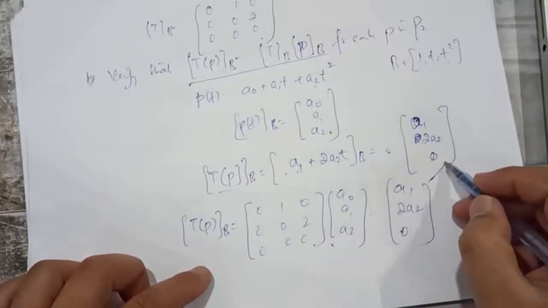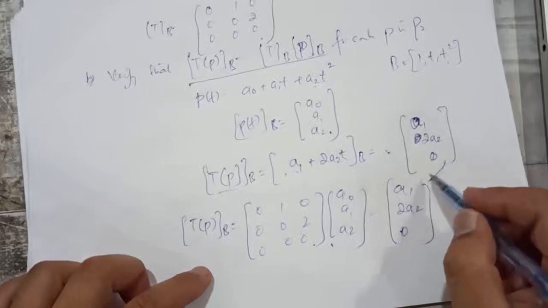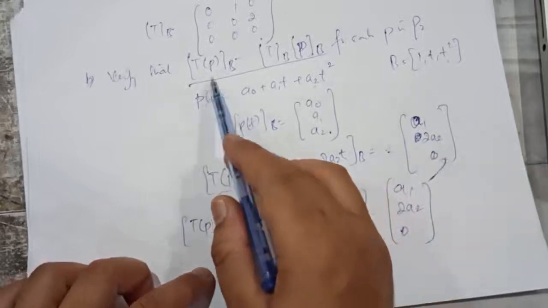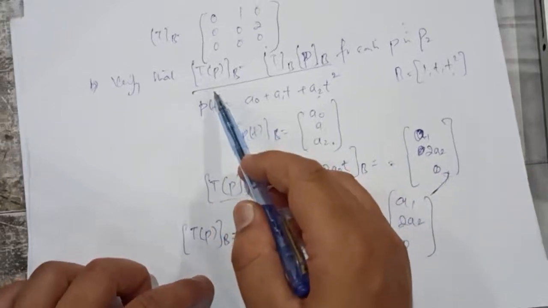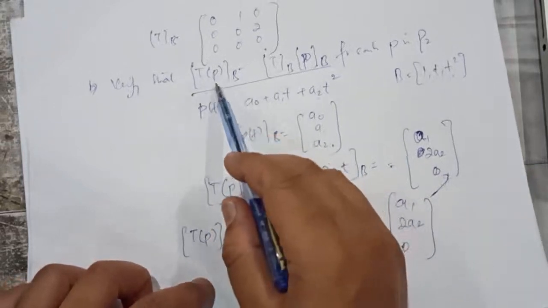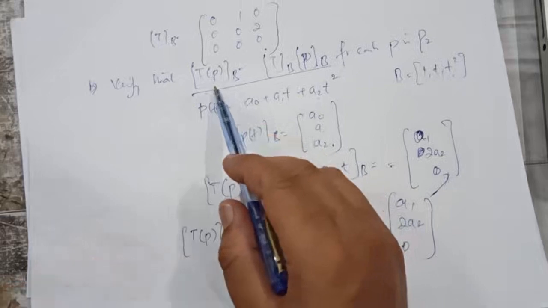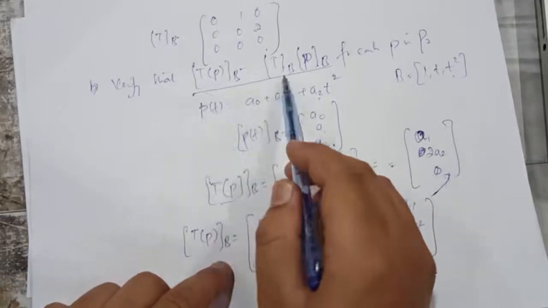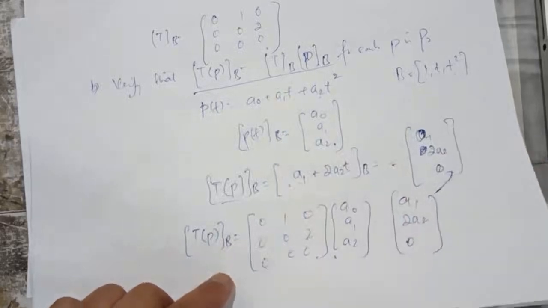So this is equal to that thing here. It means we have just proved that this transformation exists. So what you have to do is to find any transformation within a space, which has to be governed by the following formula, right?